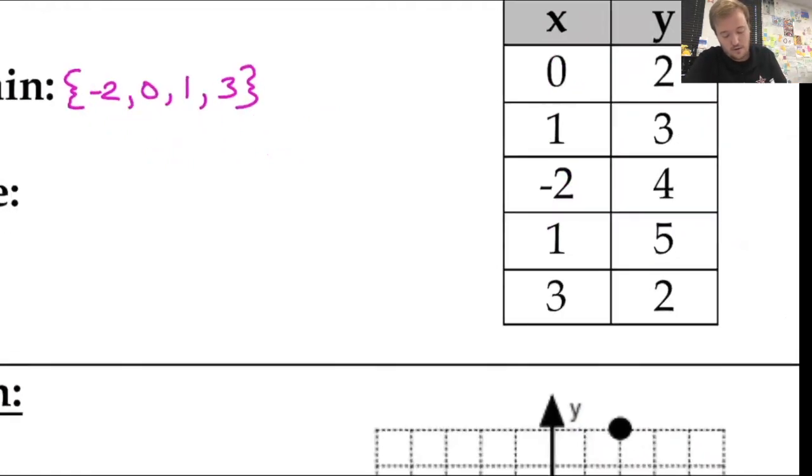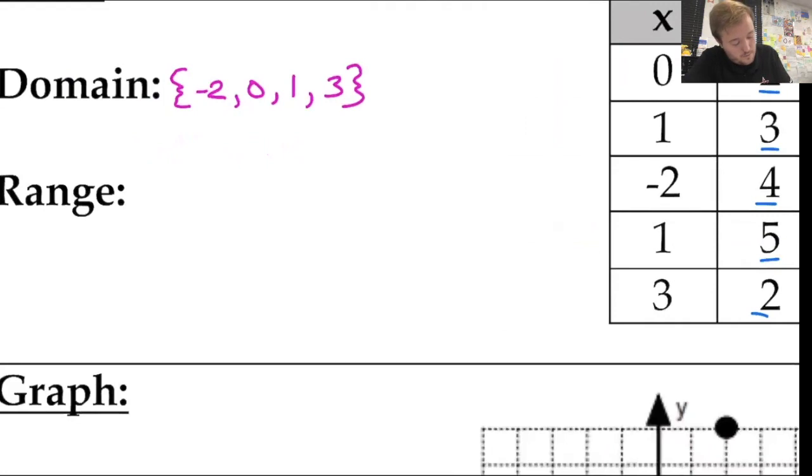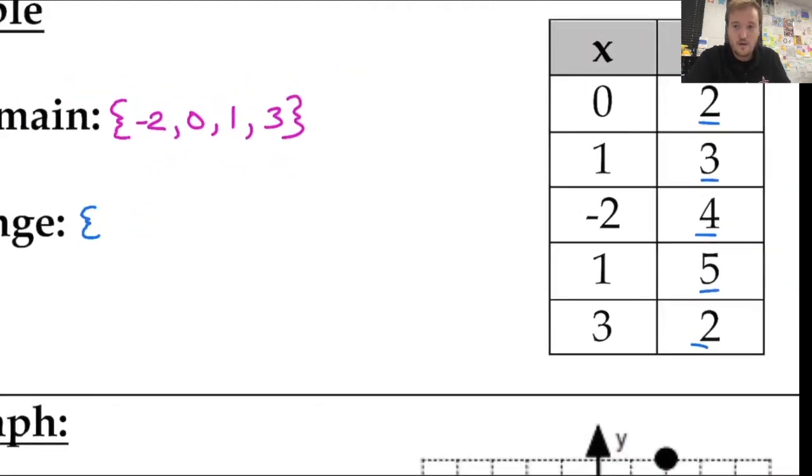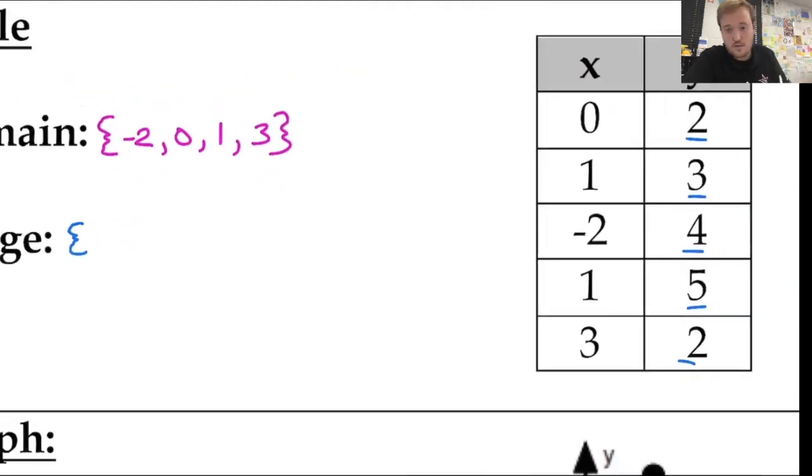All right, so now looking at the range, we have 2, 3, 4, 5, and 2. I'm going to open up a left bracket. Wow, that is terrible. Everything's fine. Starting with the smallest, we're going to start with 2. 2 is written twice, so that one's done.